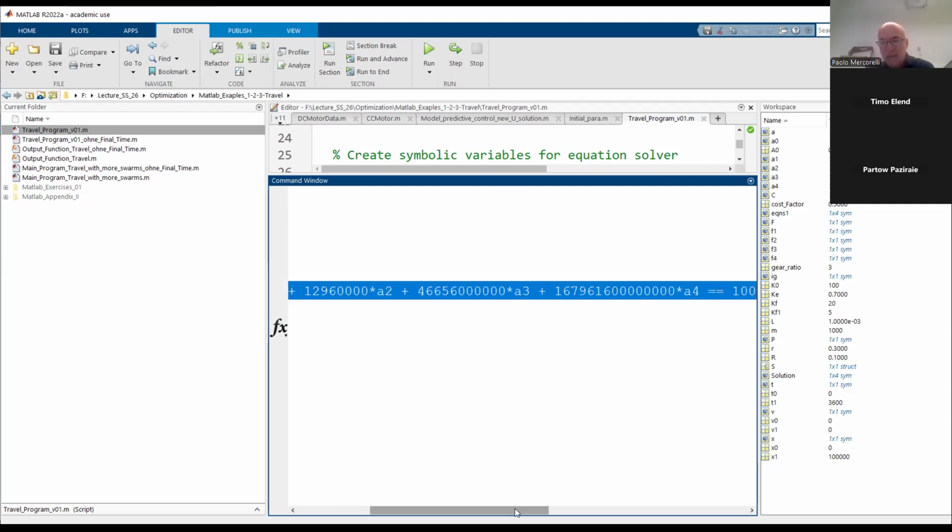Of course, 100 kilometers, or 100,000 meters, which is basically the calculation of the position at time 1 hour, 3,600 seconds, for the condition which we have in Hanover. Then we have the two conditions on the velocity. This means I do the derivative of the position.